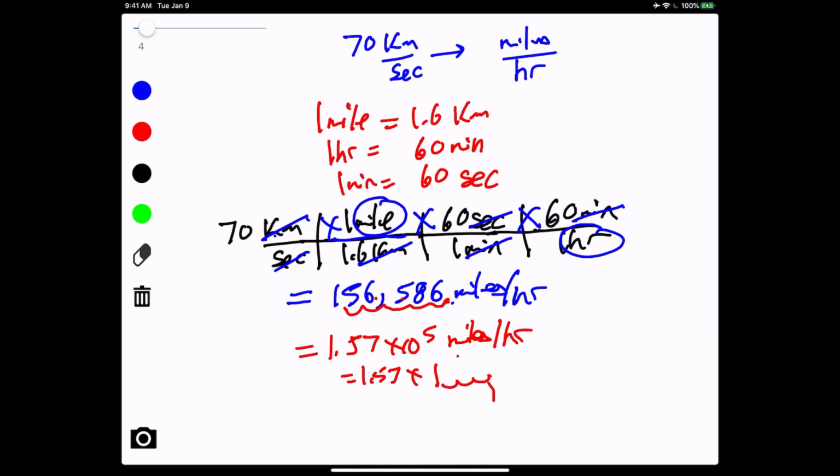We go 1, 2, 3, 4, 5. So basically that 5 means we have 5 zeros. So 1.57 times 10 to the 5th equals 1.57 times 100,000, or 157,000. So we basically said the same thing.